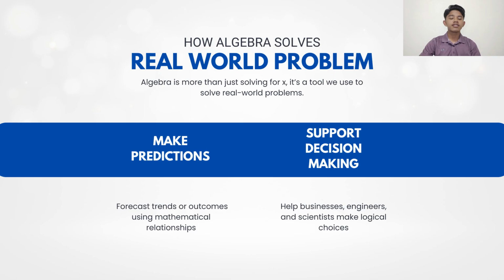Using algebra, we can also make predictions. For example, we use quadratic equations to estimate growth or decline. We forecast trends or outcomes using mathematical relationships.